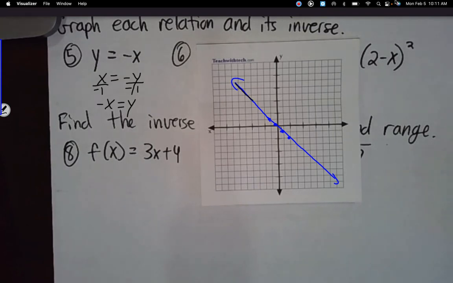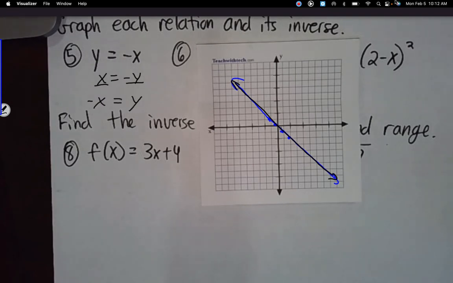I would just draw. Sometimes that happens. Okay? Are we okay with that? I don't know. What part? The negative 1. So if I switched my x and y, because that's what the inverse does, right? Now, what's over here with the y? A negative sign. So if I change that, what do I have to do to this side?